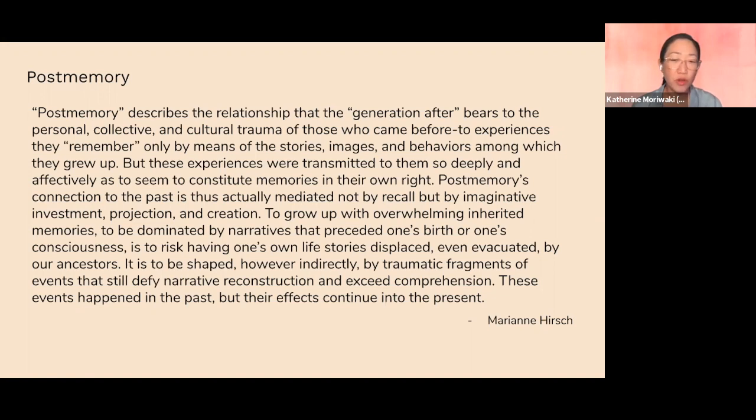To grow up with overwhelming inherited memories, to be dominated by narratives that preceded one's birth or one's consciousness, is to risk having one's own life stories displaced, even evacuated, by our ancestors. It is to be shaped, however indirectly, by traumatic fragments of events that still define narrative reconstruction and exceed comprehension. These events happened in the past, but their effects continue into the present. And Marianne Hirsch is the person who coined this term.